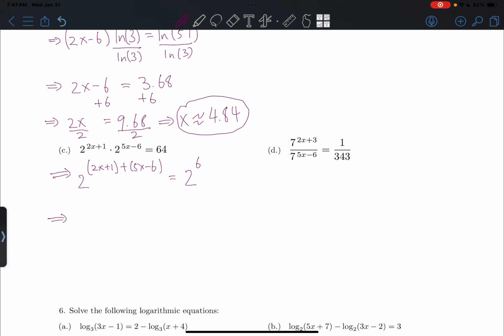That means by one-to-one property, I can just drop the exponential base 2, or think about taking log base 2 on both sides. So I have 2x plus 1 plus 5x minus 6 equals to 6. And this becomes a section 1.2 problem. So combine like terms.